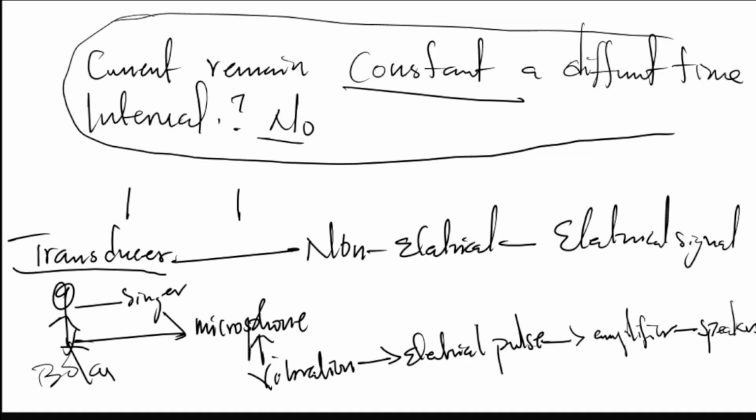Those vibrations will act as electrical pulses, and those electrical pulses will be sent to the amplifier. The amplifier amplifies the sound and moves it down to the speaker, where you now start hearing the beautiful songs Bola is singing.